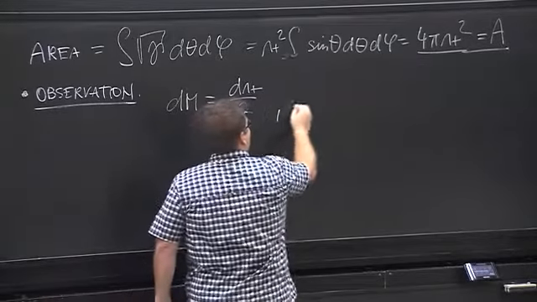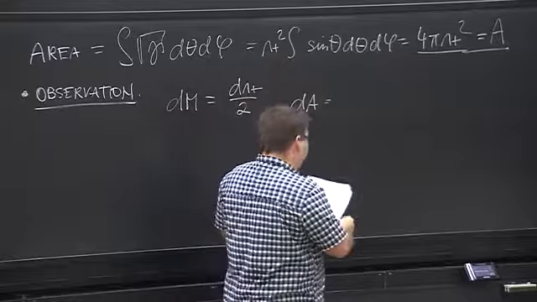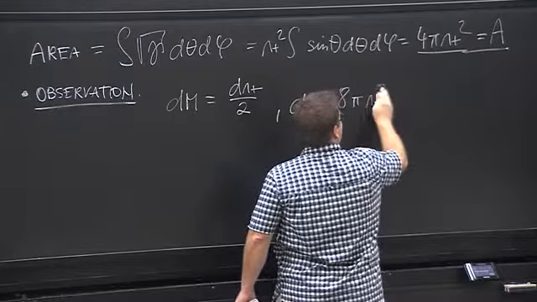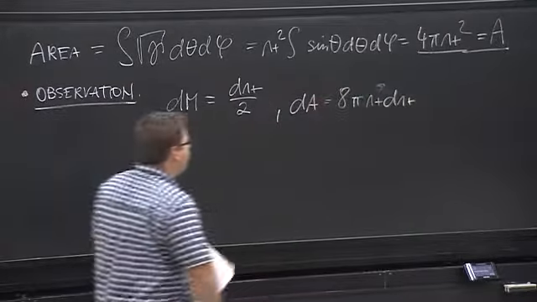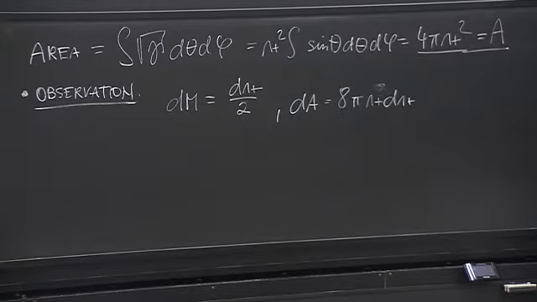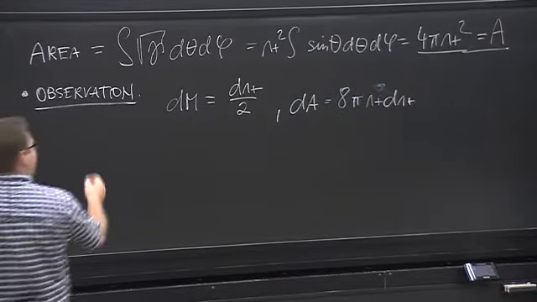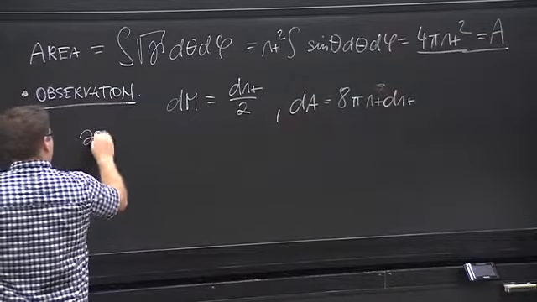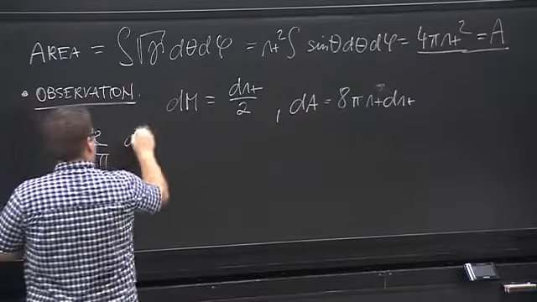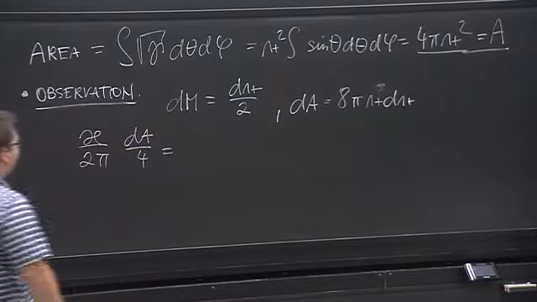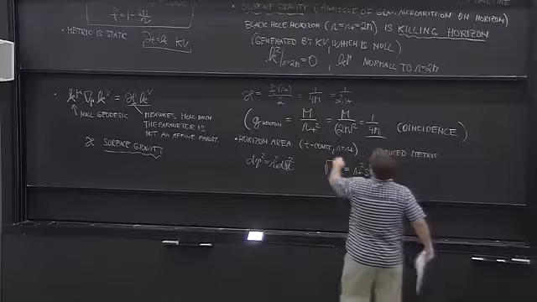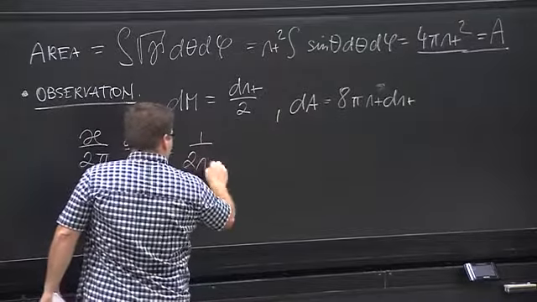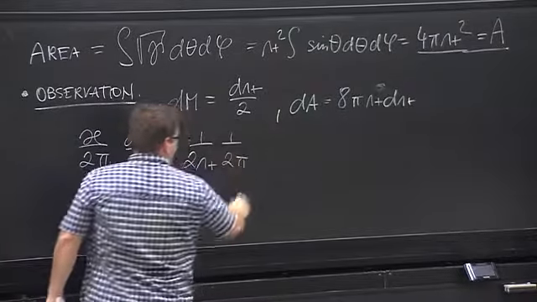And then we can calculate also what dA is. I have to differentiate this thing, and it's 8π r plus dr plus. Okay, so far so good. And then you may calculate what is κ times dA, or better, what is κ over 2π times dA over 4. So let's do it. κ we derived, it's over here. It's 1 over 2r plus, divided by 1 over 2π.